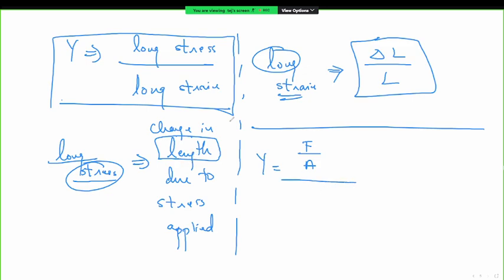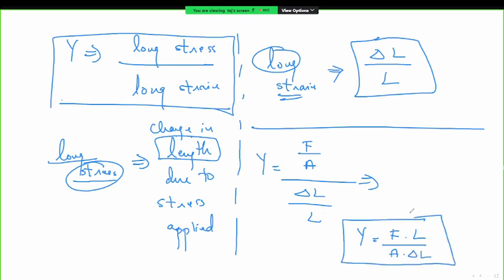The whole thing is divided by strain, which is given by delta L divided by L. Let's go back to 10th standard. The denominator becomes the numerator, and the formula becomes Y is equal to F into L divided by A into delta L. This is nothing but Young's modulus. That's all. Very simple this is. So what to remember?